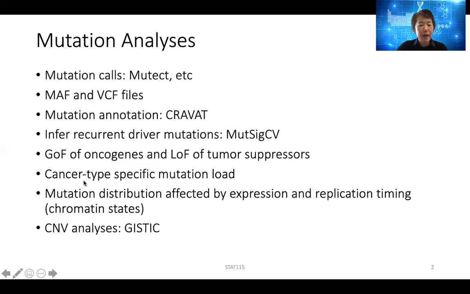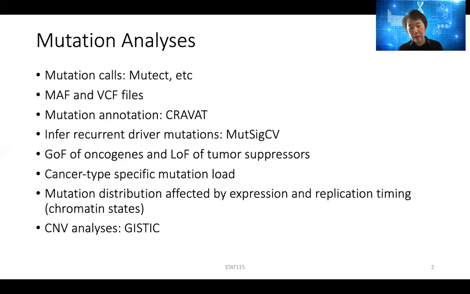We can also look at cancer type specific mutation load. We mentioned that those cancers that are facing outside, such as lung or skin, and that also have later onset in patients, usually have more mutation load. In addition, the mutation distribution can be affected by gene expression levels and also replication timing, which basically is a reflection of chromatin.